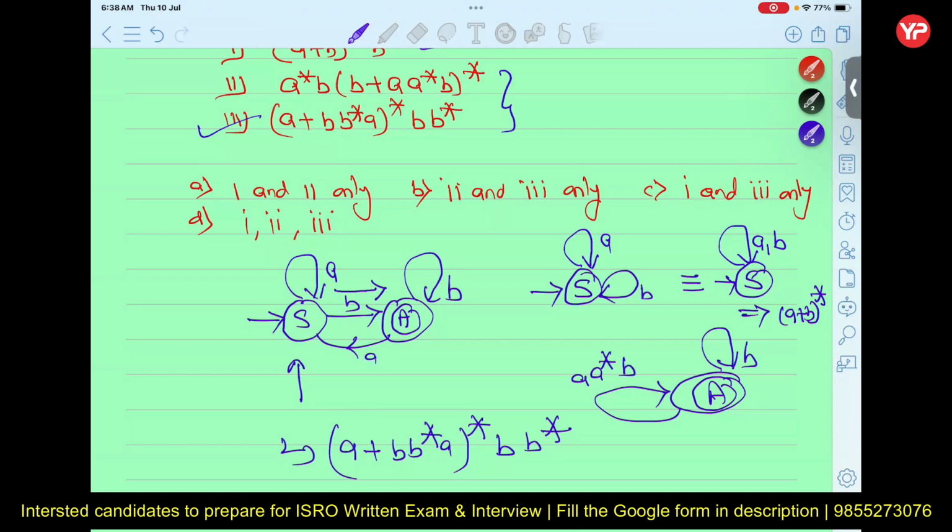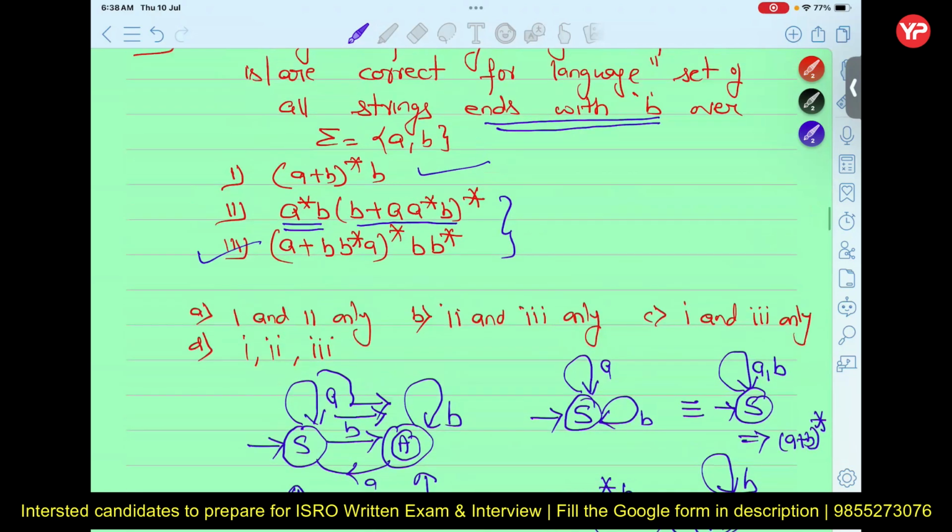But if you are resolving the loop at state A, first of all, you need to reach the state A. Having the longest path is A star B. That is A star and B. So you can see the second option, A star B, and then you are solving the loop here. That means all the three options are correct. Keep in mind, even though by seeing you cannot identify the correct answer, you have to know this technique.